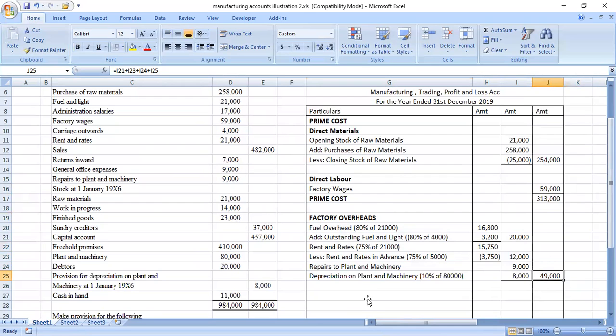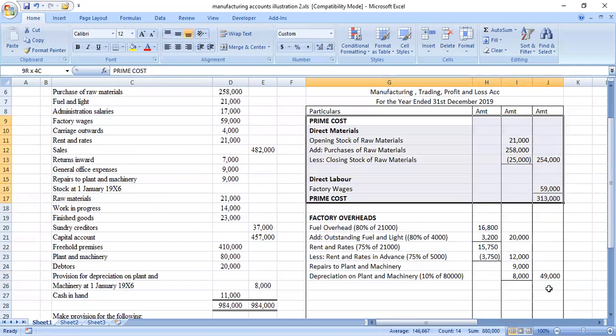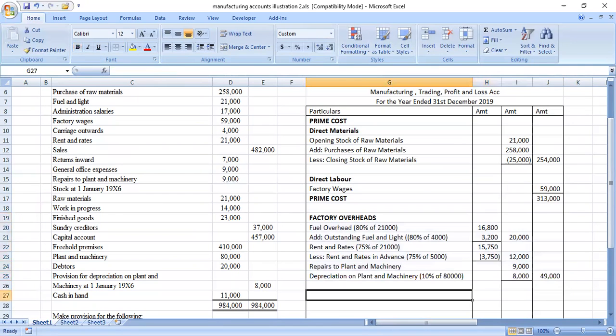So next, our objective here is to get the cost of production, which is equal to the prime cost plus factory overheads plus cost of work in progress.